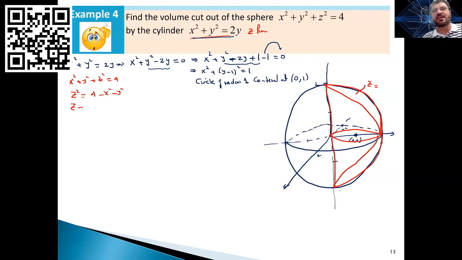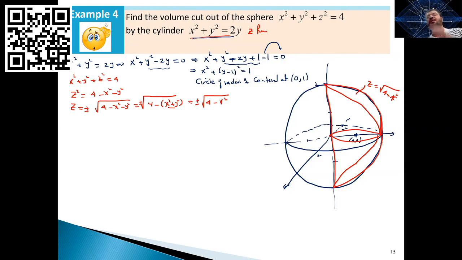And so that means z is plus minus square root of 4 minus x squared minus y squared, which can be written as plus minus square root of 4 in polar. We know this is what? R squared. So this is the positive part of it: 4 minus R squared. Remember, we don't care about the bottom one now. We care about the top one. So let's talk about the top surface.